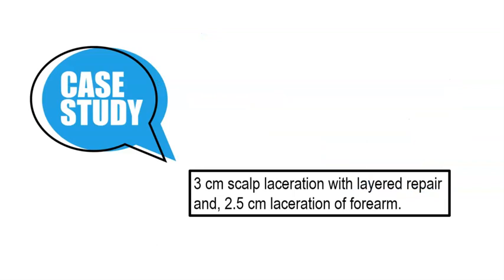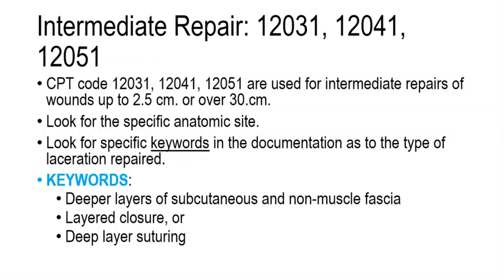In this next case study, we have a 3 centimeter scalp laceration with layered repair and a 2.5 centimeter laceration of the forearm. Let's discuss intermediate repair codes 12031, 12041, and 12051.